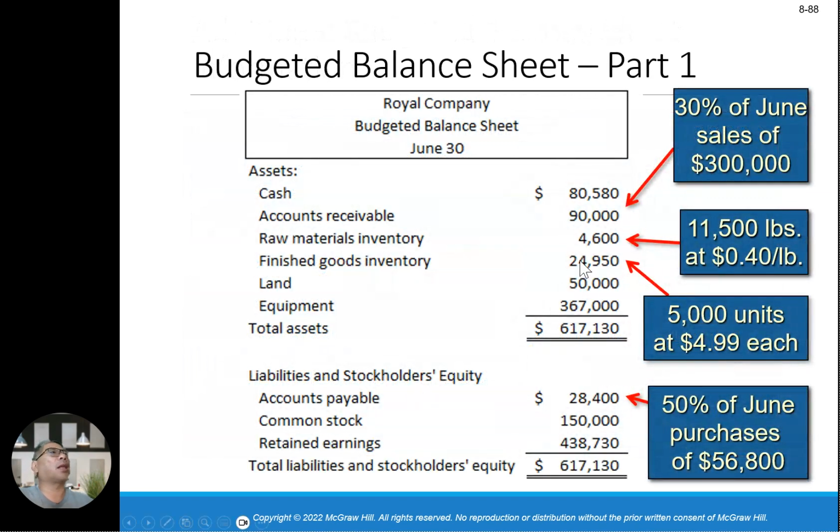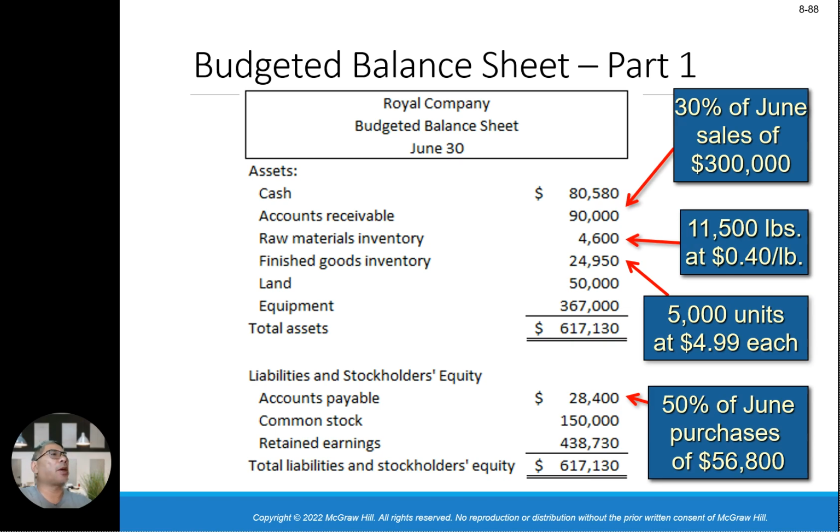So you're going to plug in that number. Accounts receivable as of the 30th of June is based on 300,000. Raw materials 151,040 at 40 cents. Finished goods 5,004.98. All these numbers come from the previous slides. Remember, we went over those from 1 to 8. And then 50,000 from the purchase, 56,000.